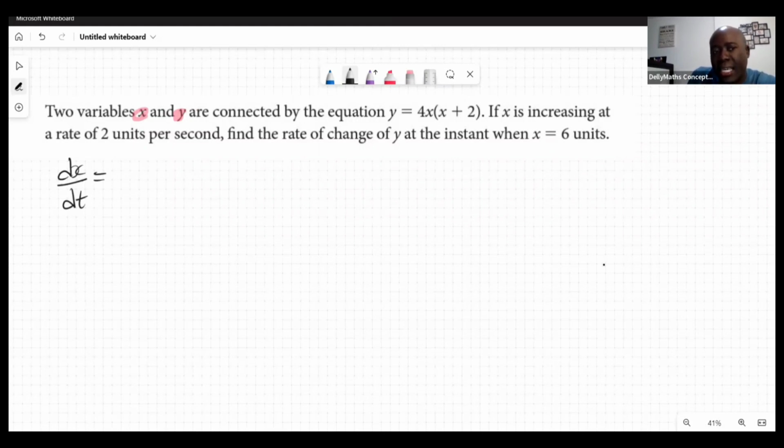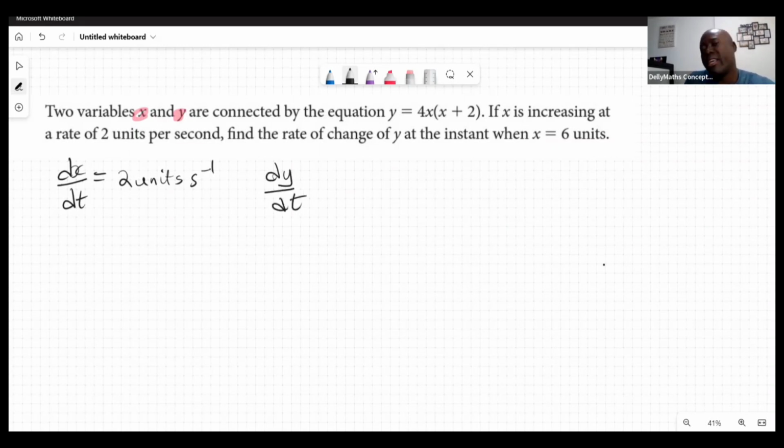So dx/dt is actually 2 units per second. So x is increasing at a rate of 2 units per second. Find the rate of change of y at the instant when x is 6 units. So you want to know what is dy/dt.